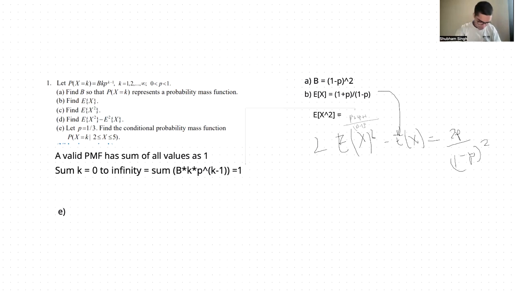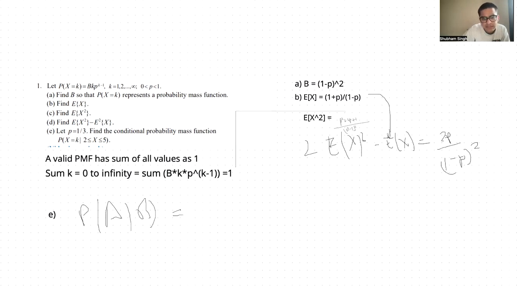This is a good opportunity to use conditional probability, which is p of a given b, the probability that a will happen: probability of a intersection b divided by probability of b. If you know this formula, then we can move ahead and try to solve the question.